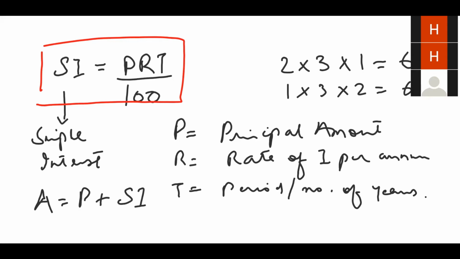This means that the principal amount that you had already paid to the bank, you're adding the simple interest that you calculated by the formula, and then you finally get the total amount that you now have in the bank. A is the total amount.